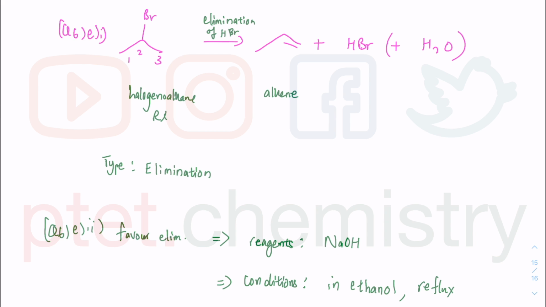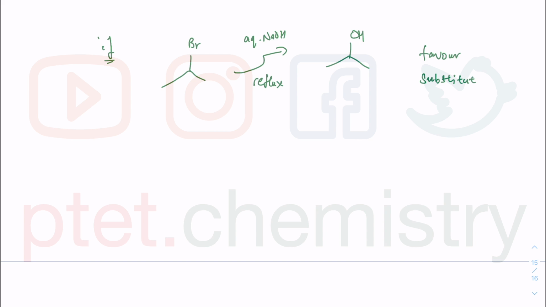If you use aqueous NaOH and reflux, you are going to get like that. This is going to favor nucleophilic substitution, which is actually hydrolysis, because you are breaking the C-Br bond in the presence of water.